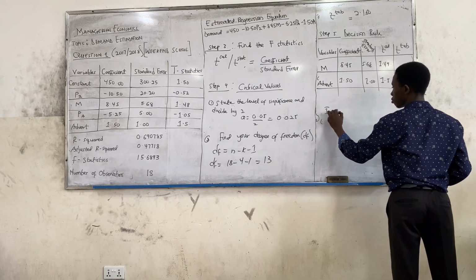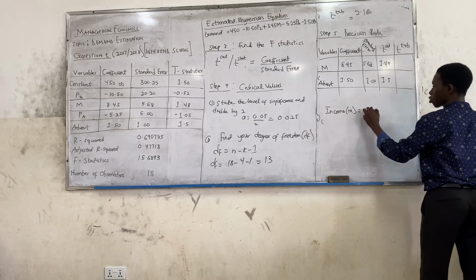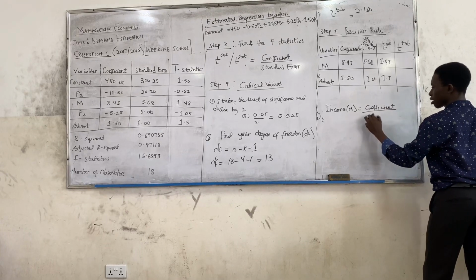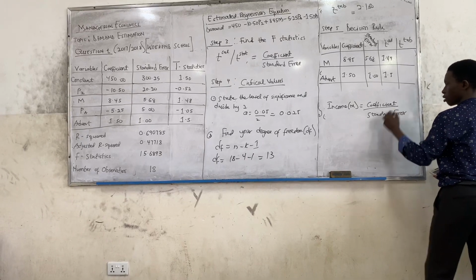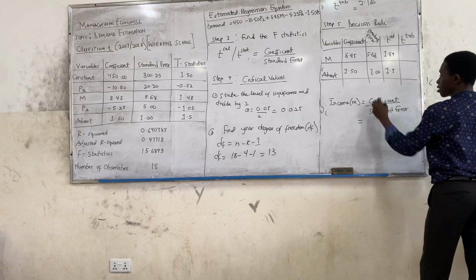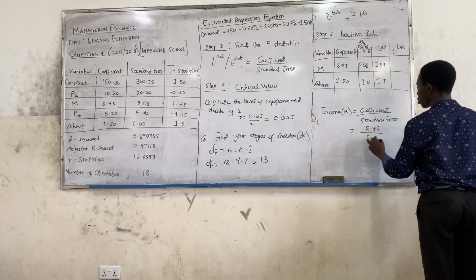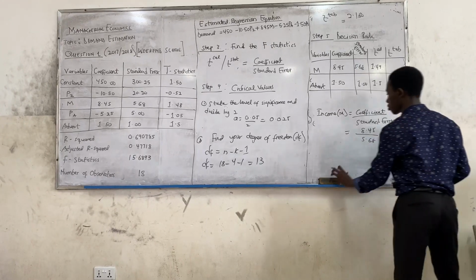Let me show the calculation here. Income: your coefficient over your standard error. The coefficient of income is 8.45, standard error 5.68. You get 1.49.